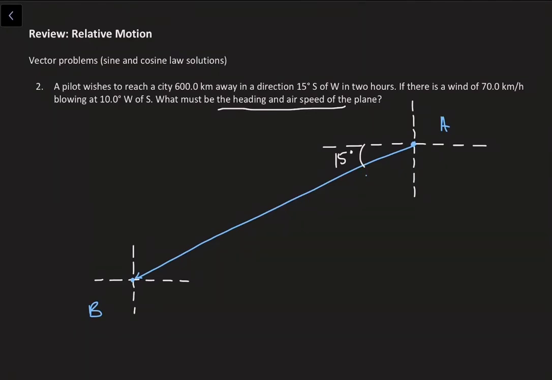The wind is blowing at 10 degrees west of south, so that's going to look like this. And then our airspeed, our original speed, is going to be from here to here. So you can see that this is our airspeed, and it adds to the wind speed and gives us our resultant.